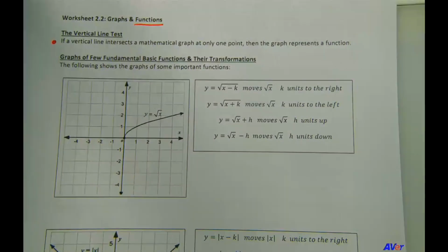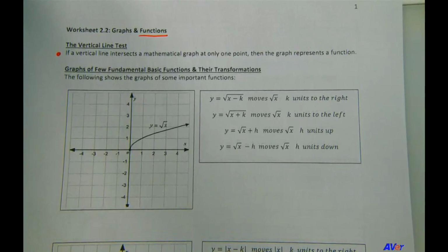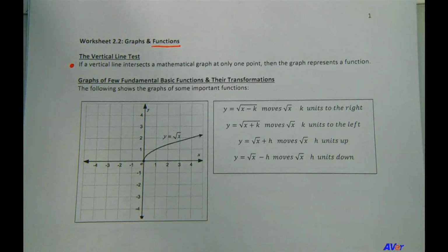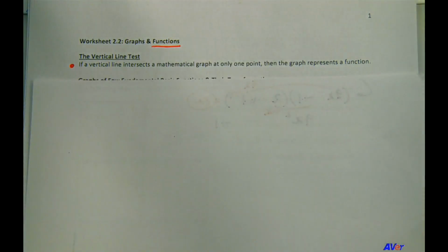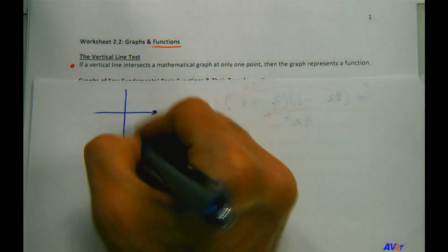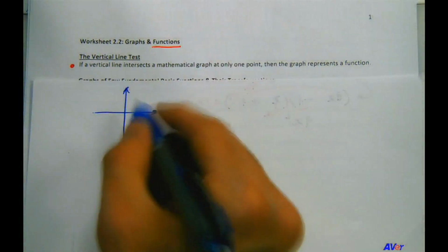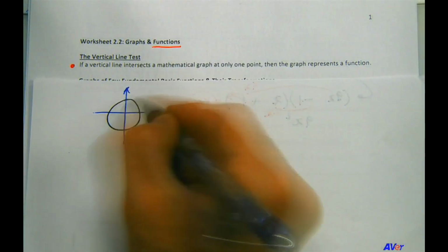So now that I've shown you some examples of what is a function, what about something that is not a function? Let me use this piece of scratch paper because it's not relevant to this section, but I want to give you an idea of what we're talking about. A circle is not a function, right?